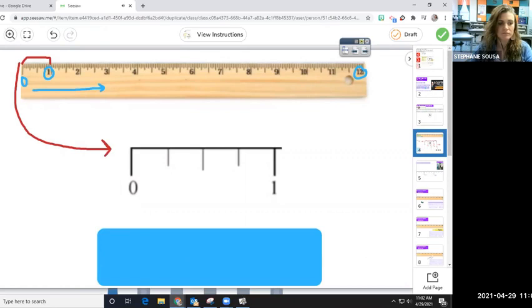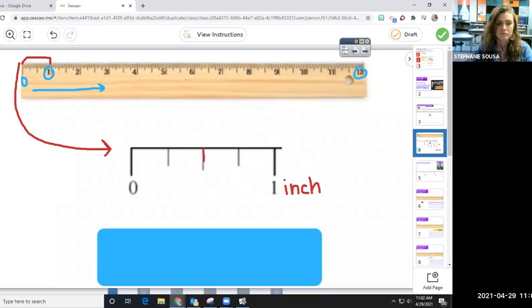On the left is 0. On the right is 1 inch. Between 0 and 1 inch, you will see lots of different tick marks. The tick marks that you are expected to know in 3rd grade are what we're going to discuss today.